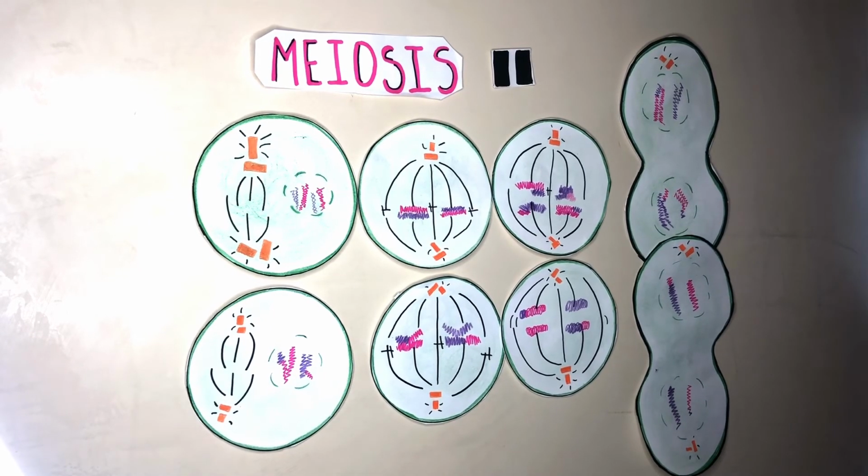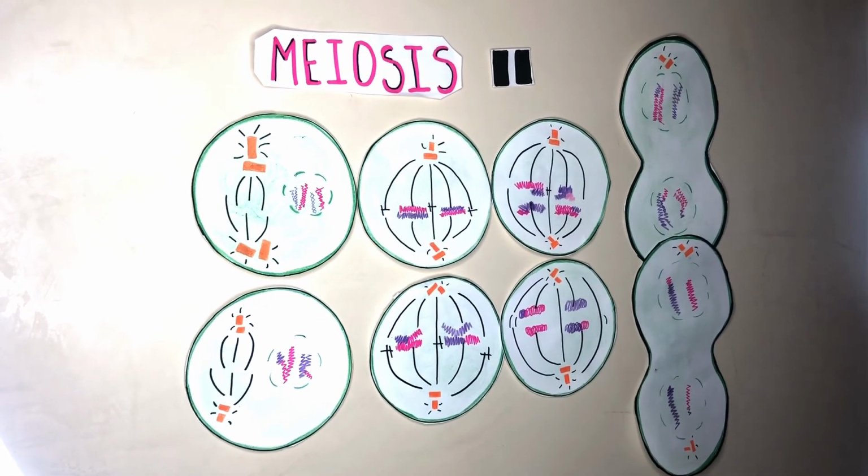Here we have the telophase. We can see that we have telophase 1 and telophase 2. In telophase 2, new gametes are formed as haploids, and each chromosome has just one chromatid. You can see that in the first telophase there were 2 chromatids of each color, 2 of pink and 2 of purple, and in this telophase 2 there is just 1 chromatid of purple and 1 chromatid of pink.